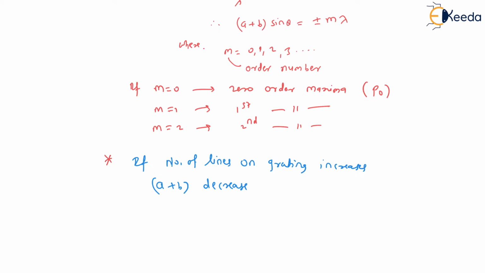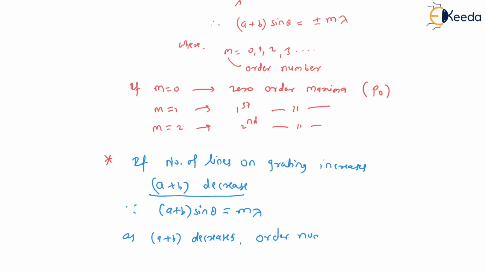So as the number of lines increases, the value of a plus b will have to decrease. And as a plus b decreases, always remember we have the equation a plus b into sine theta is equal to m lambda, which is the path difference. So if a plus b decreases, ultimately the order number m will also decrease.